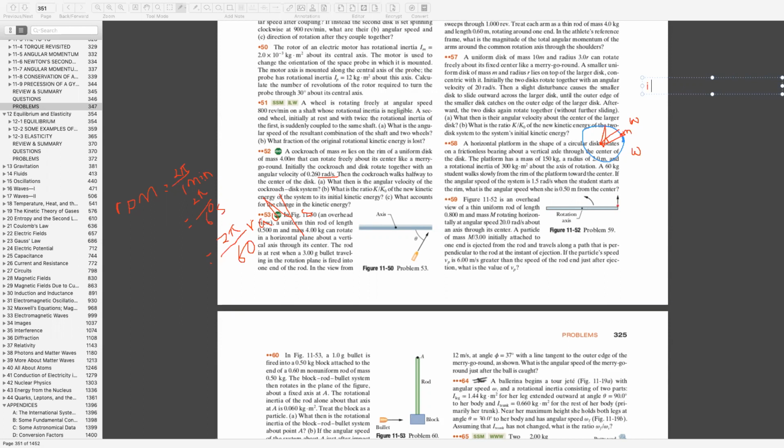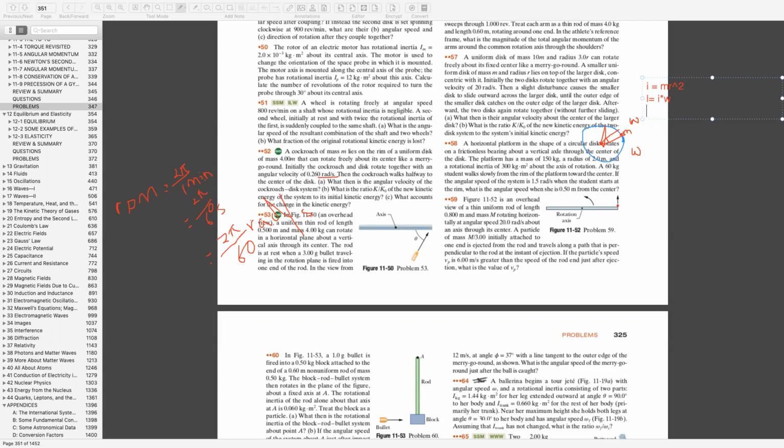Okay, let's try to write them down. We want to write down the cockroach's initial: small r, mr squared. This is the cockroach's initial. And why we want to do initial is because we want to get the angular momentum: L equals I times omega.